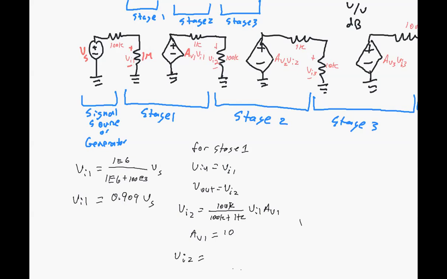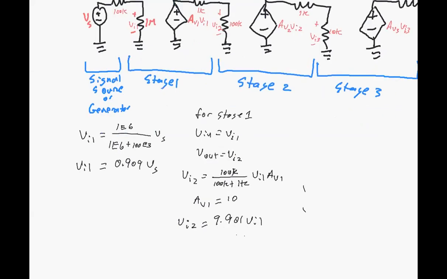And if we just do a little math, we'll get 9.901 times VI1. Or we could say that the gain of stage 1 is equal to its output, which is VI2, over its input, which is VI1, which is equal to 9.901 volts per volt.